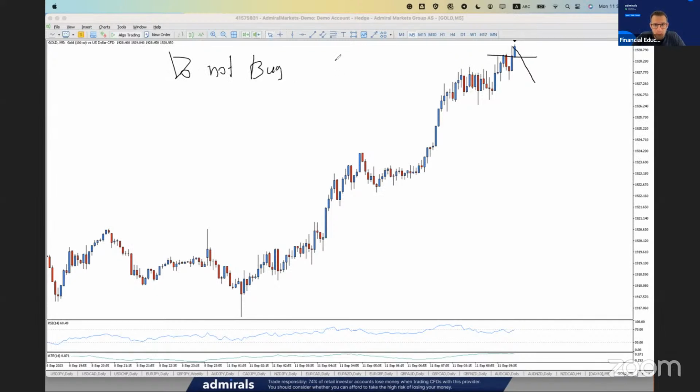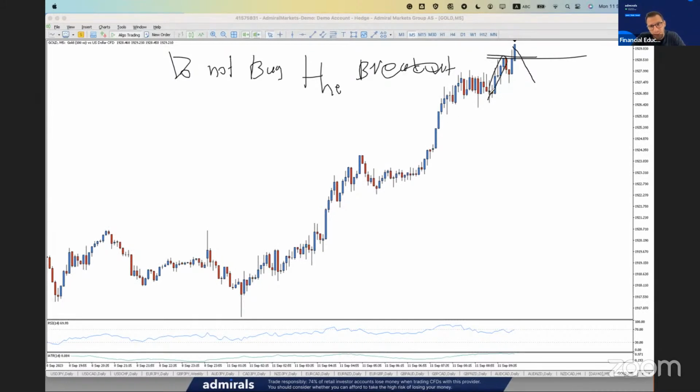buy the breakout. Do not rush and buy the breakout, because this move here is lacking the momentum compared to this move here.